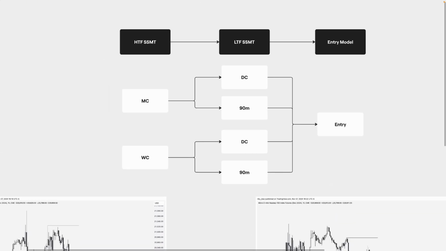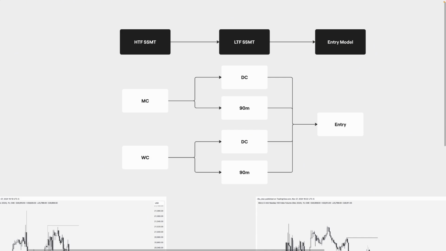In terms of entry models, we can use whatever you want. I personally, I think many of you know, I like my 1 minute precision swing points, but I don't really recommend that. I'd say for most people, just stick with your usual PD arrays, your 2022 entry model, so the market structure shift fair value gap, or an inversion fair value gap, or even a unicorn entry, which is your breaker and fair value gap.